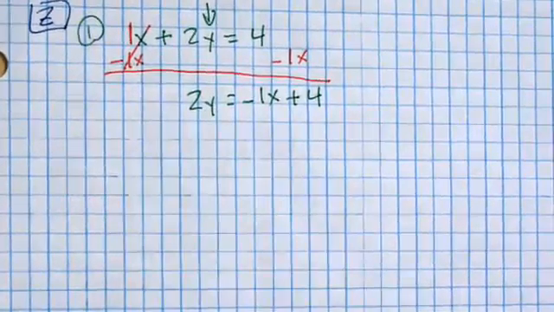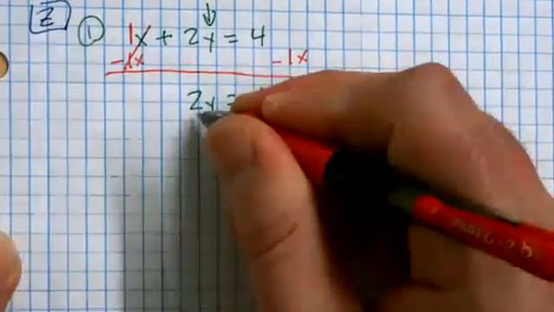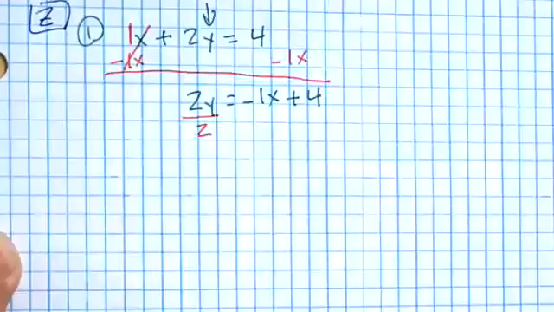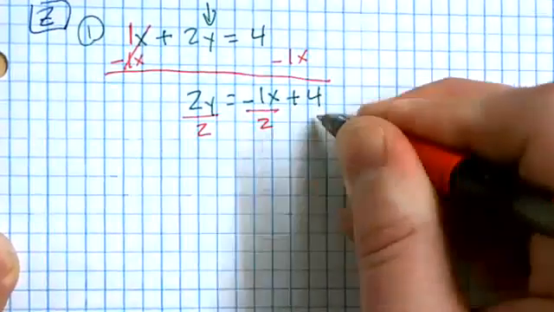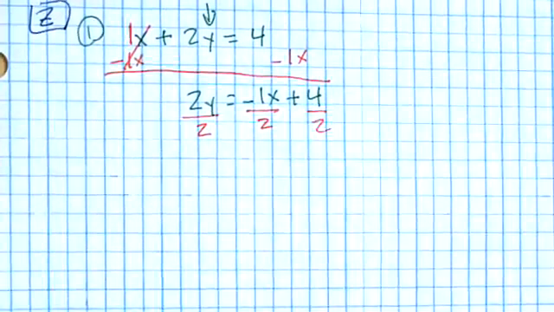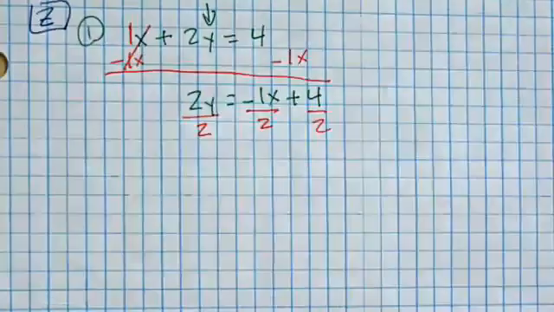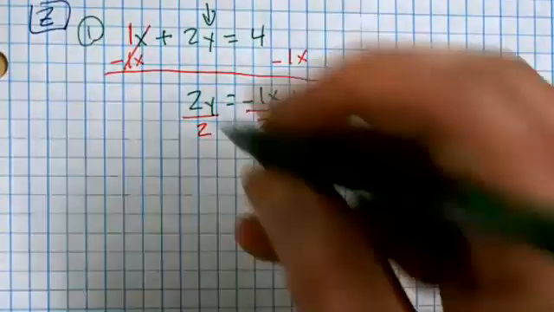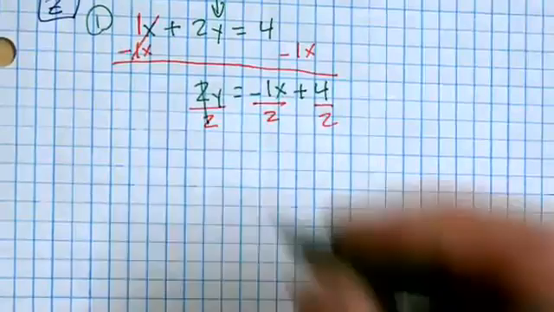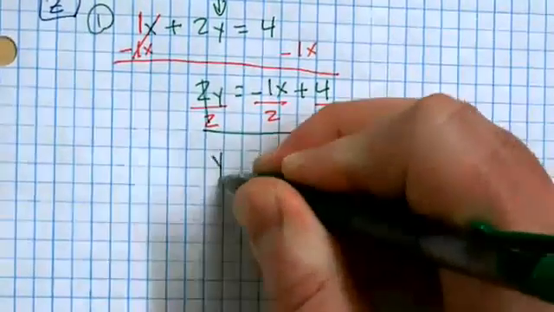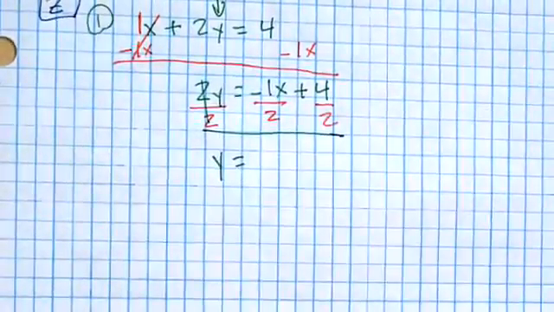You would divide it. Now, this is a little bit tricky. When we divide and we've got lots of stuff in our equation, you have to divide every term in the equation by the same thing. We're going to divide everything by 2. So that's going to cancel. Now we've just got y equals.